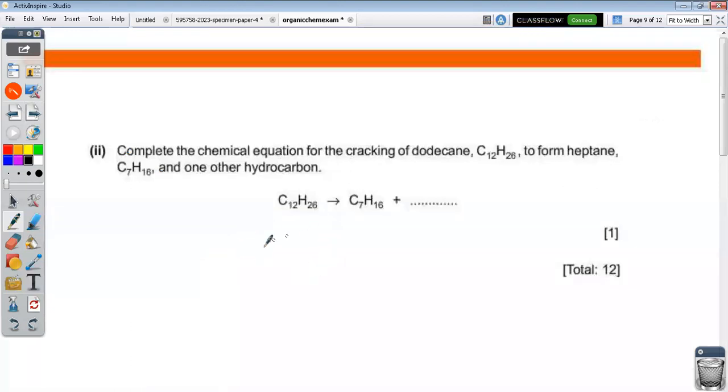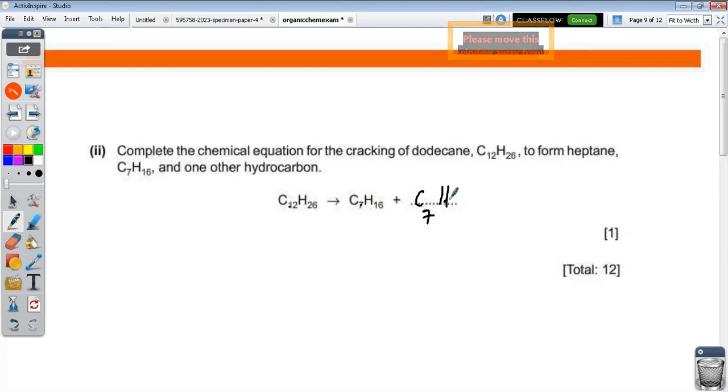Now, can you complete that? Complete the chemical reaction for the cracking. So would it be C5H10? Yes, we said they should balance. So this is 7, you subtract from this, then you get C7.